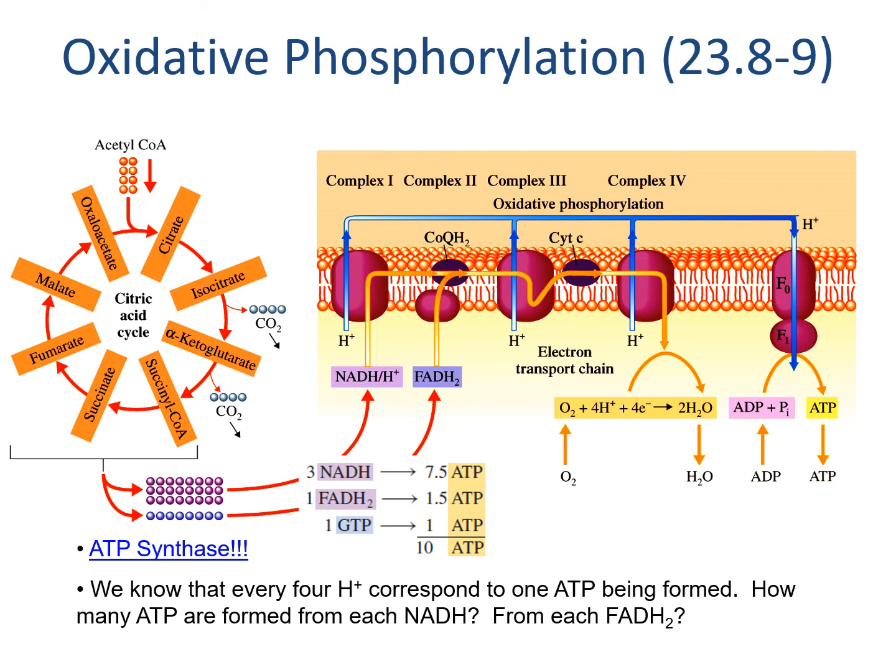The citric acid cycle and the electron transport chain together then produce a total of 10 ATP for every acetyl-CoA. So again, acetyl-CoA is worth 10 ATP, NADH is worth 2.5 ATP, and FADH2 is worth 1.5 ATP.